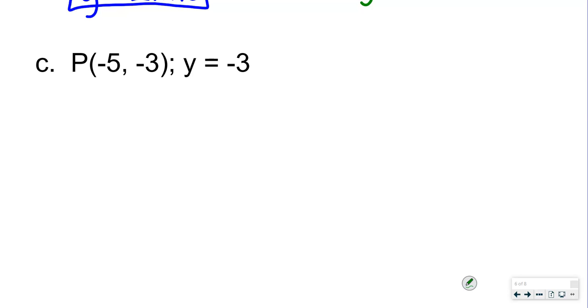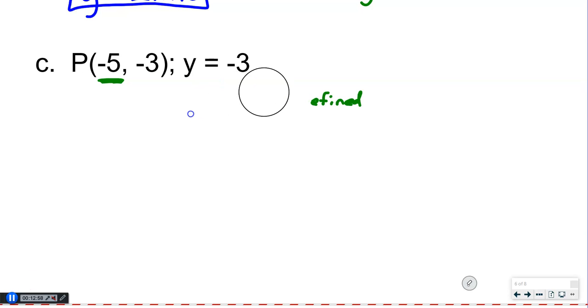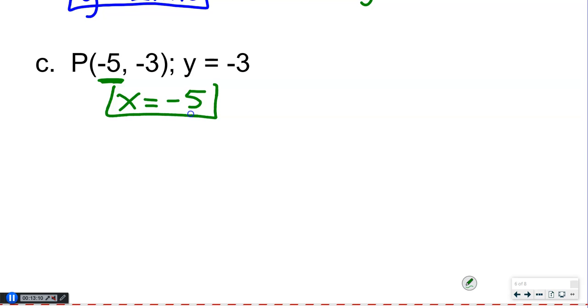A vertical line's equation needs to be x equals a number. Our x value is negative 5. So our equation is just x equals negative 5. And that would be our answer.